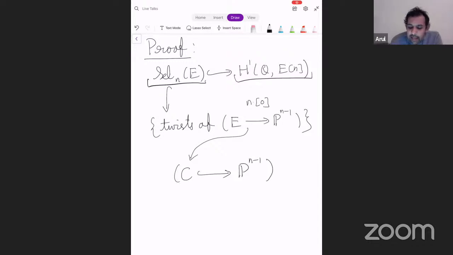So an element of an n-Selmer group can be thought of as a genus 1 curve C, whose Jacobian is E, mapping along with the degree n map to P^(n-1).